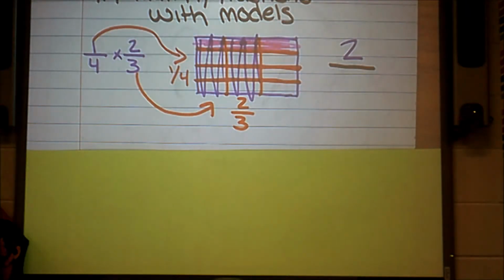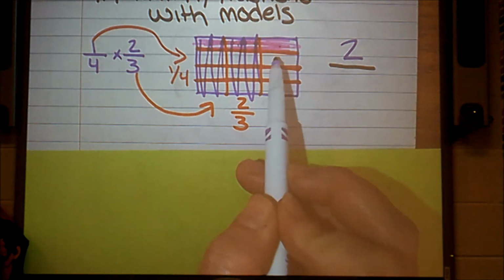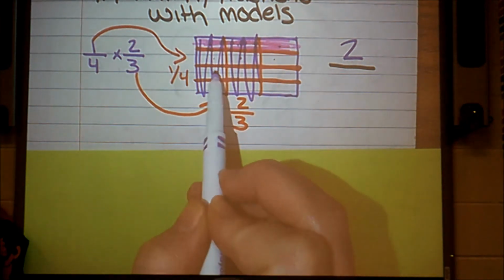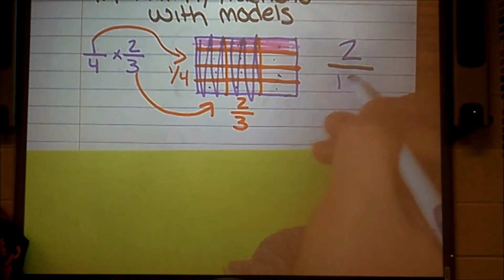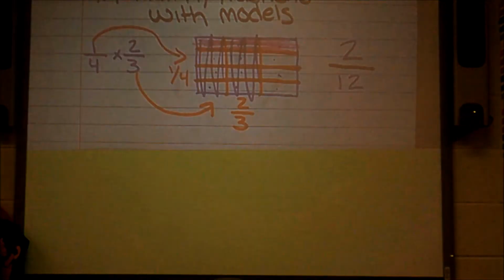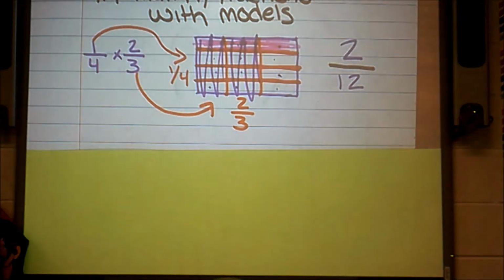And then I say, how many blocks are there total in my array? 1, 2, 3, 4, 5, 6, 7, 8, 9, 10, 11, 12. 2/12 of my array is shaded in with both colors, both pink and purple.